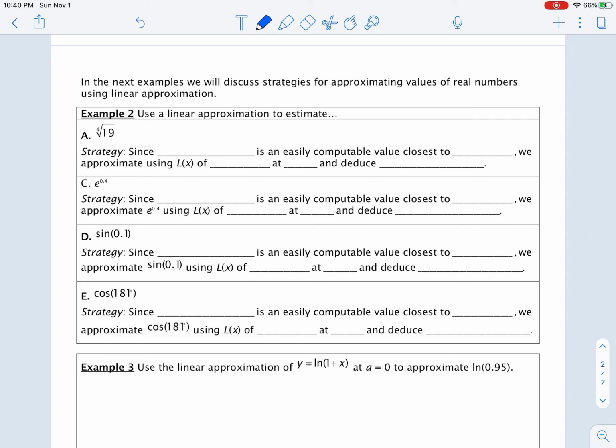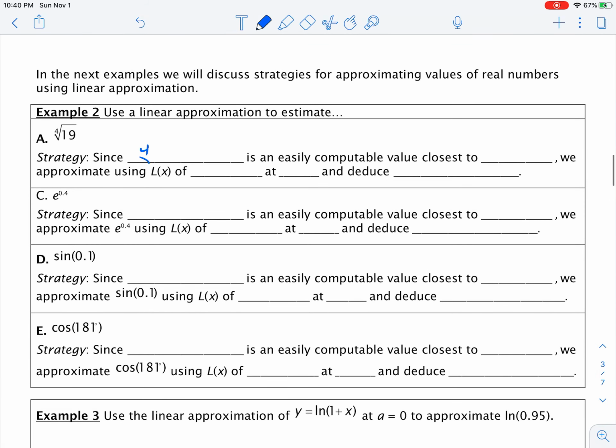All right. So moving forward, let's just go over some scenarios here where we would know how to set up that approximation of evaluation. So here, if I wanted to calculate the fourth root of 19, 19 is really close to 16, which is easy to find the fourth root of, which is 2.